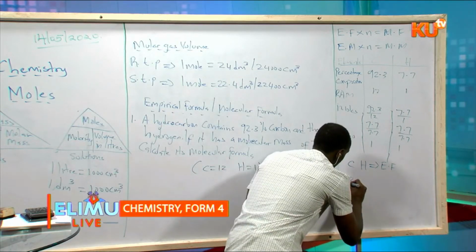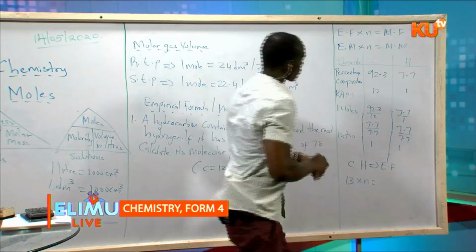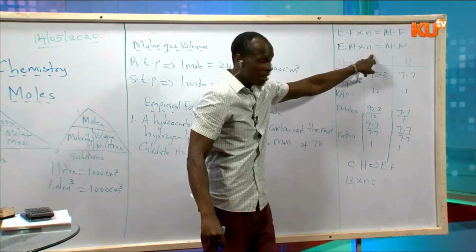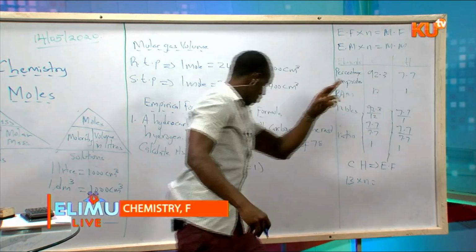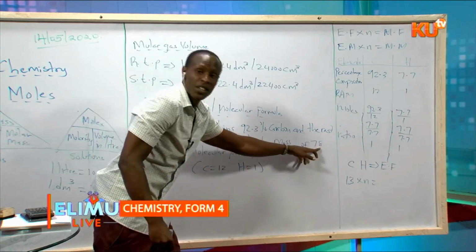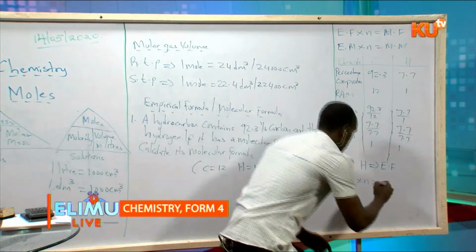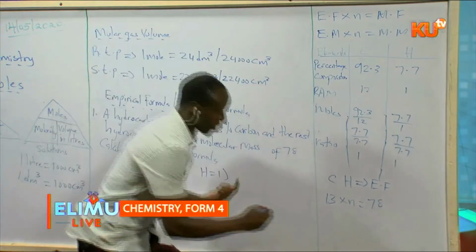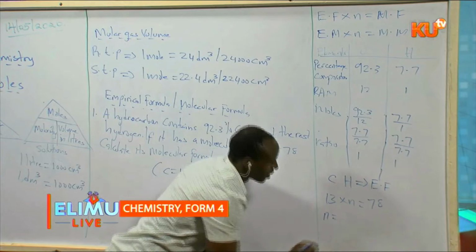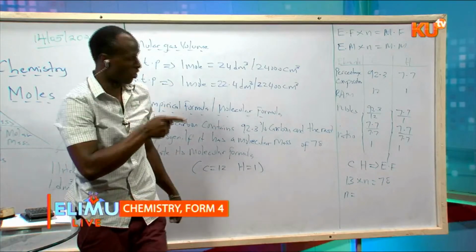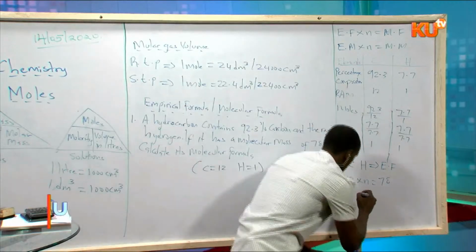So you say 13 times N. I'm using this formula: empirical mass times N equals molecular mass. What was your molecular mass? If it has a molecular mass of 78, so your molecular mass is 78. So what is N? You have to divide both sides by 13, which will give you 6.